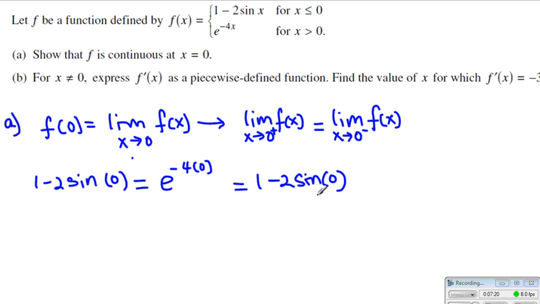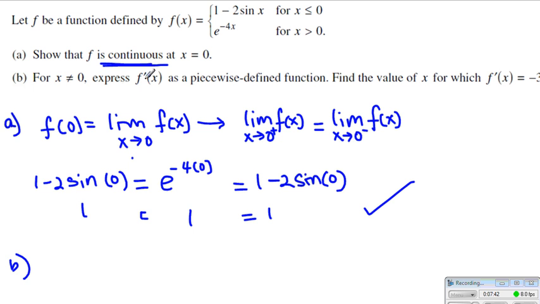The first and third, we will realize, are equal to 1. And even the middle one, because the exponent will be equal to 0, the whole expression will be equal to 1. Since all three values are equal to each other, therefore it is continuous. Now, number B.